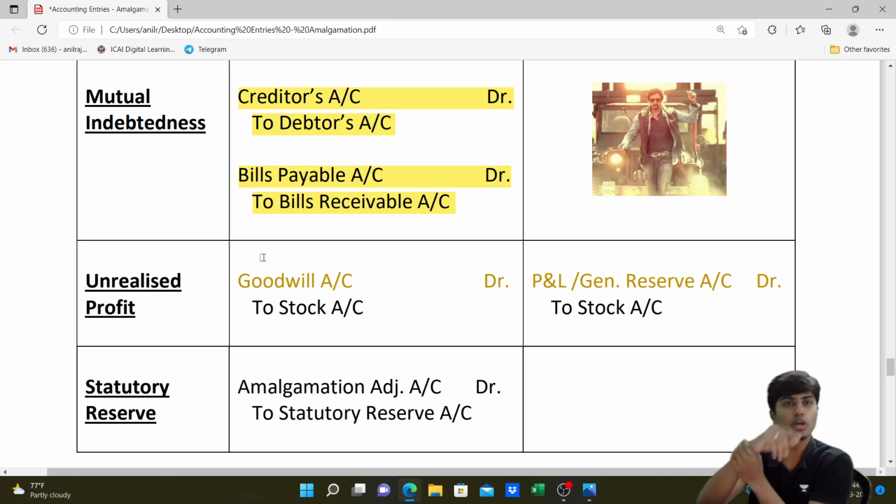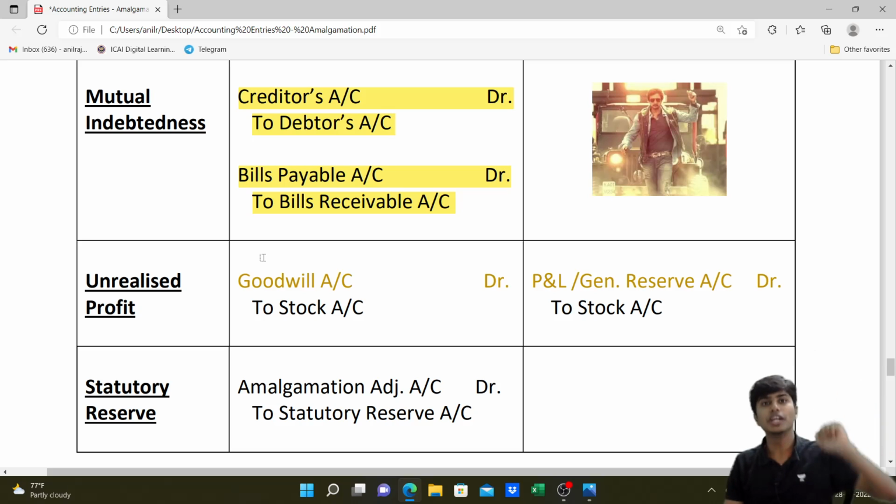So stock sold by the transferor to the transferee or the transferee to the transferor at a price over and above cost, not sold to outsiders and remaining in closing stock, will lead to unrealized profit. Let me repeat: goods sold by the transferor to the transferee or vice versa, remaining unsold, will give rise to unrealized profit. Stock is sold between themselves and profit has been booked which is not earned.